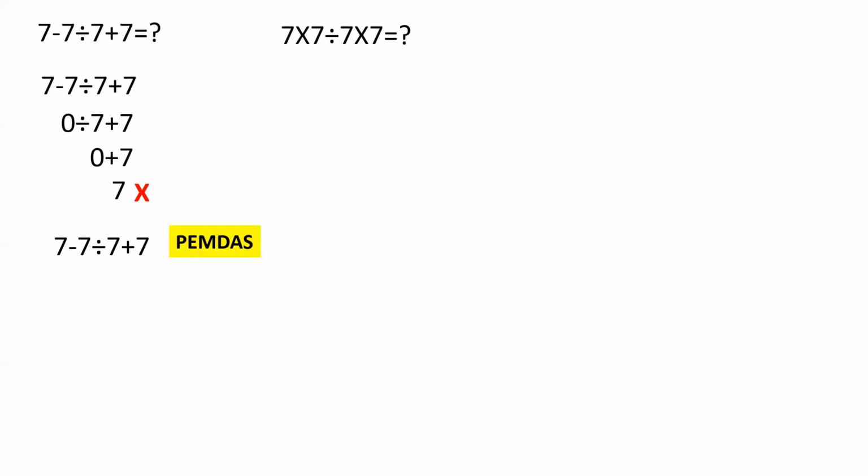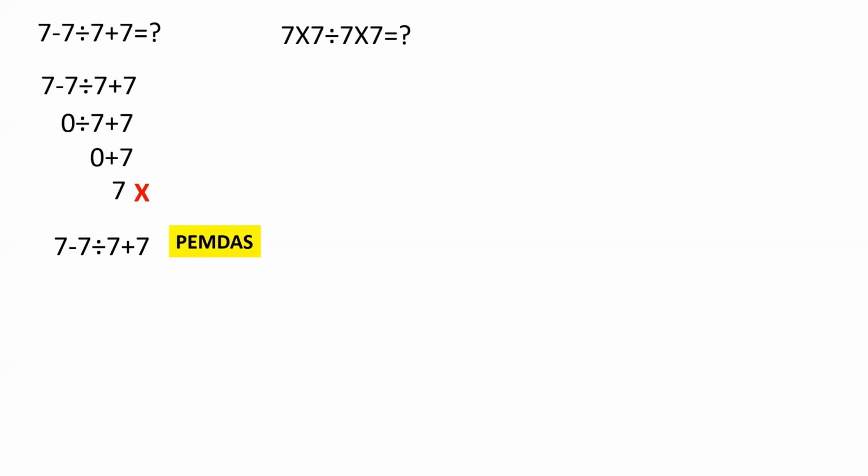Essentially, PEMDAS specifies a specific order in which the operations on expressions like these need to be done. P stands for parenthesis, E for exponent, M for multiplication, D for division, A for addition, and S for subtraction.